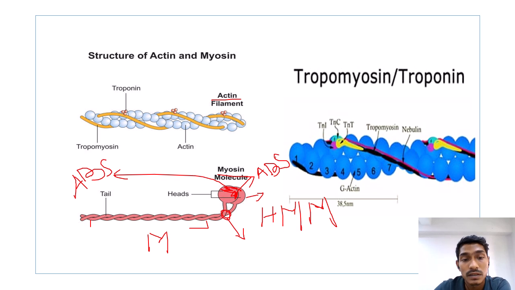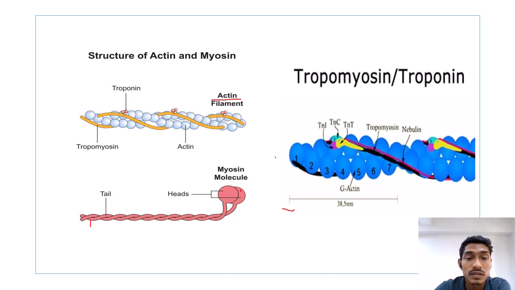Let me remove this. Okay, so this was the structure of myosin. Now, what is the structure of actin? You can see there is a yellow line and some bubble-like shapes and some three dots. This is a complex structure, so I will draw an easier one. The structure of the actin will look like this.